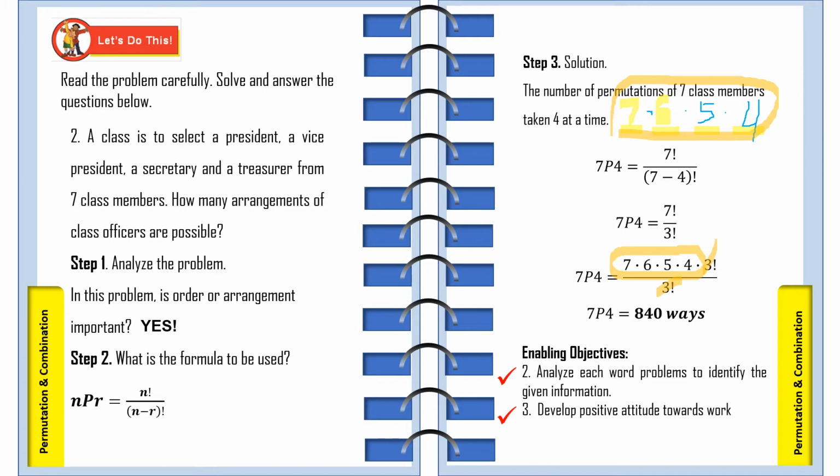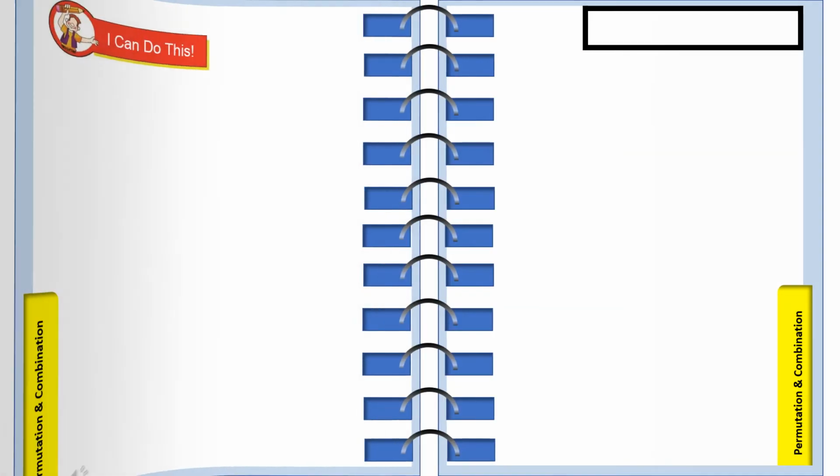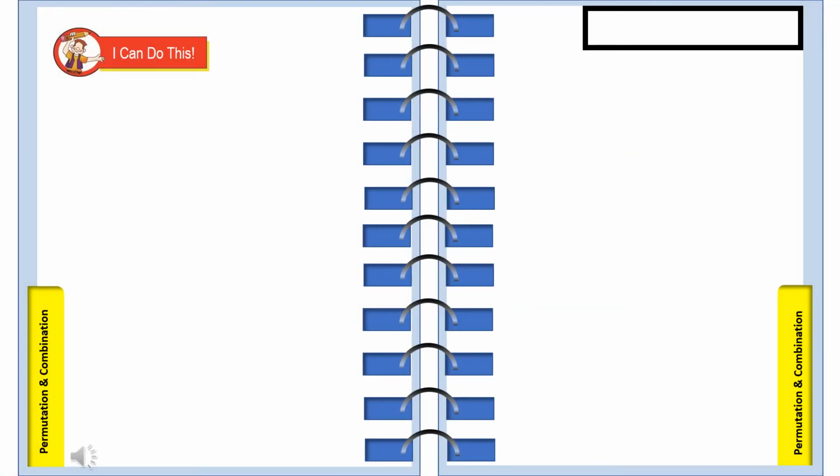Okay, so let's look now. Let's check if you understand and are ready to try solving problems under permutation and combination. So, I have here 5 problems.